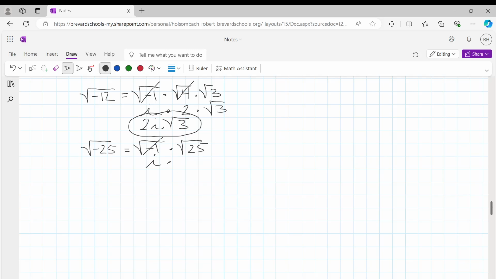The square root of 25 is equal to 5. And then we rewrite that with the real number first, then the i. So the square root of negative 25 is equal to 5i.